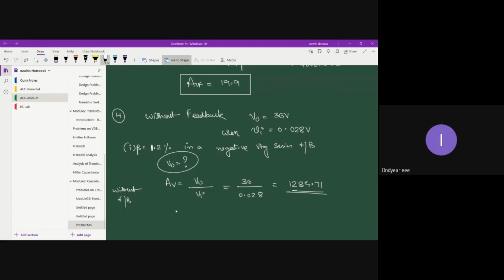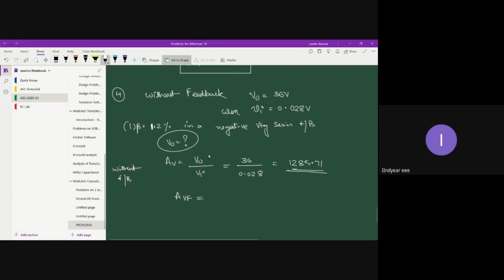First we will find out AVF, that is gain with feedback. Gain with feedback is AV divided by 1 plus AV into beta. You have already found AV, so 1285.71 divided by 1 plus 1285.71 into beta.